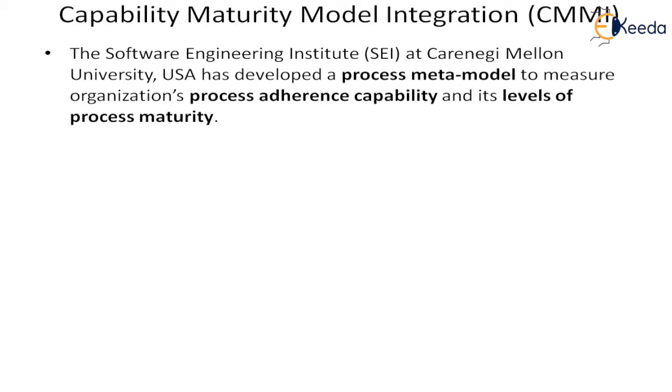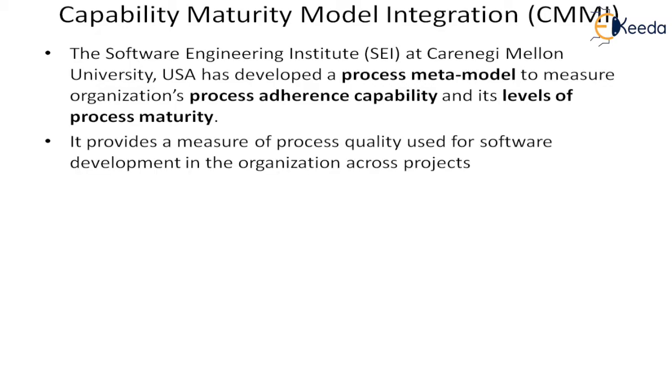So what is capability maturity model? The Software Engineering Institute at Carnegie Mellon University in USA has developed a process meta model to measure an organization's process adherence capability and its level of process maturity.